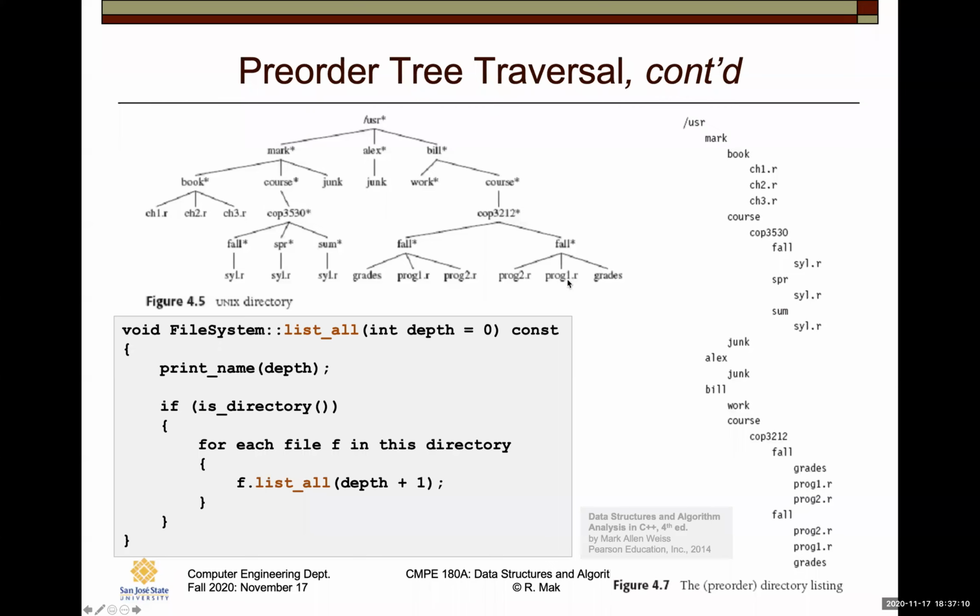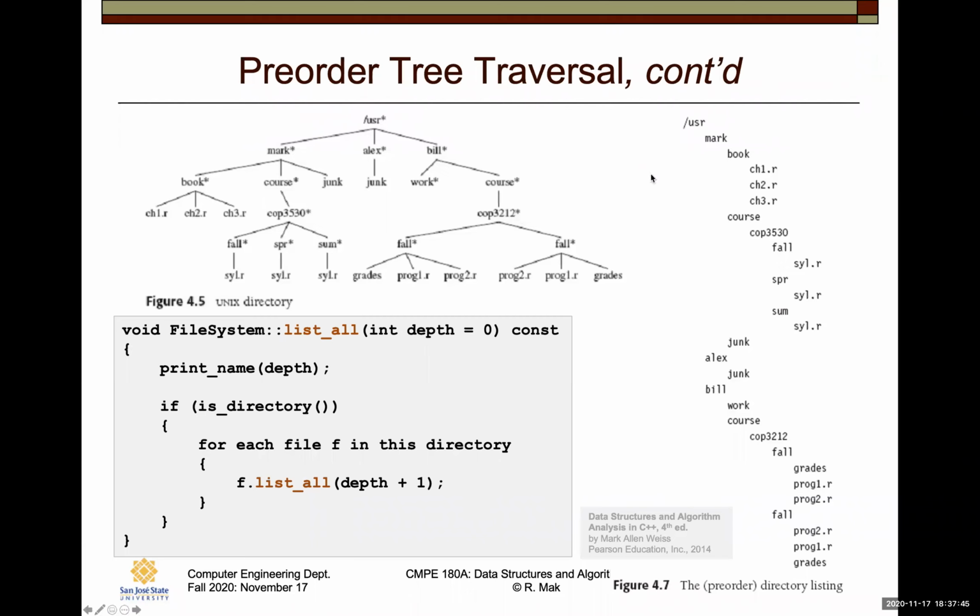So here we write out Bill, and then we visit the children. Here's work, so write out work. Work has no children. Then we go and visit course. Course has one child, which is this COP 3212, and then there's fall. We print out fall and then its children, and then fall again and its children, and so this is an example of a pre-order traversal, right?